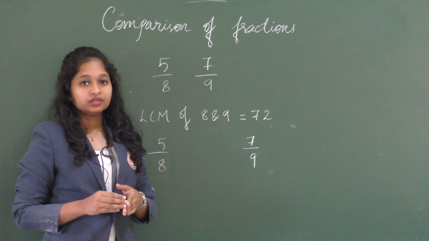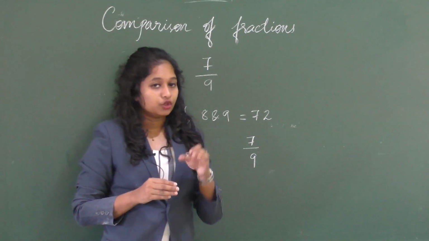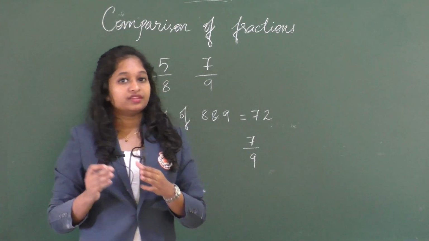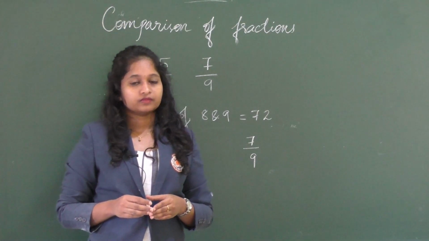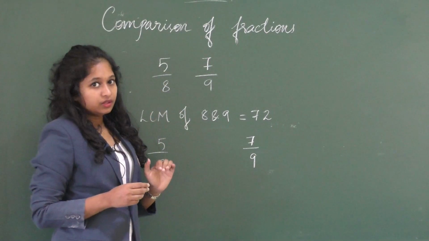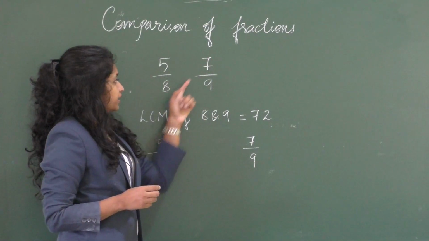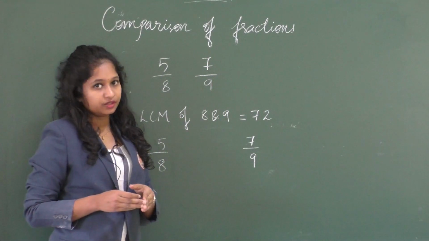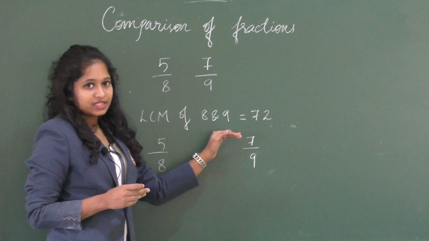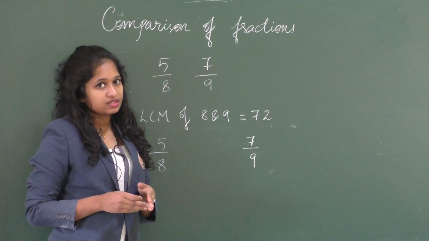For that, multiply the denominator with a number such that you get the LCM. I'll explain you with this example. I have 5 by 8 and 7 by 9 here. Okay? First find the LCM of 8 and 9. It is 72.